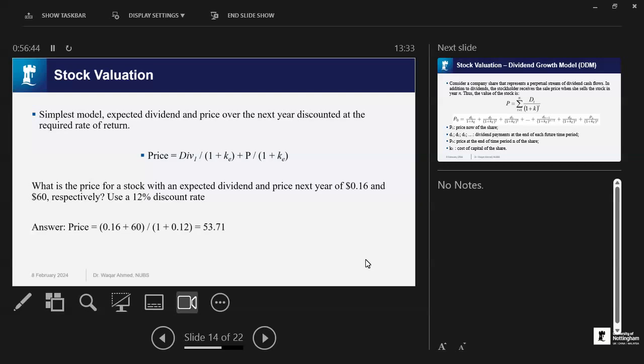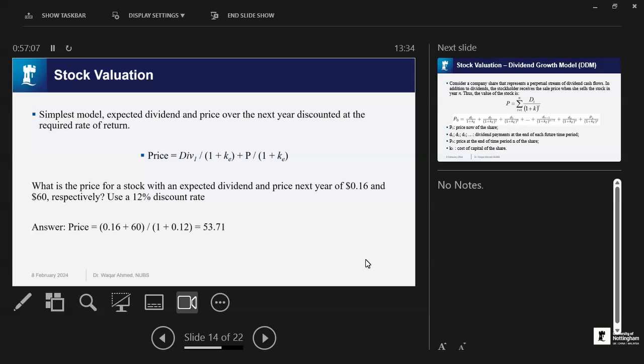If the price is any other number than this 53.71, then what do we have? An opportunity to make some money, right? If currently the stock is undervalued, what should you do?